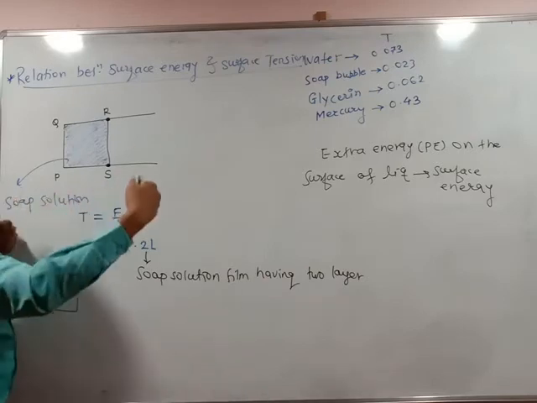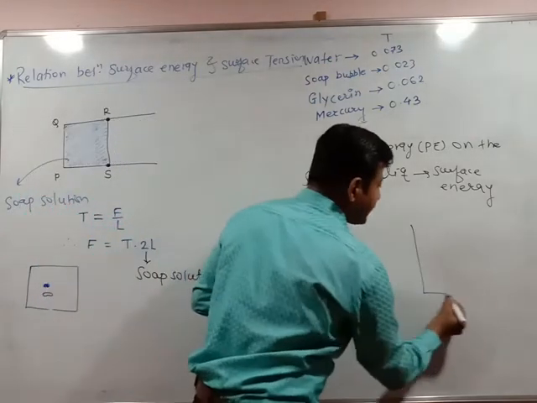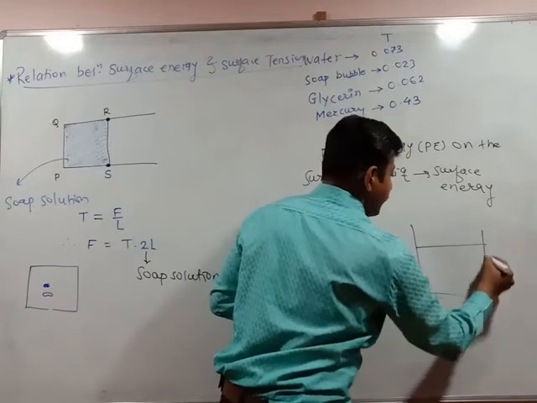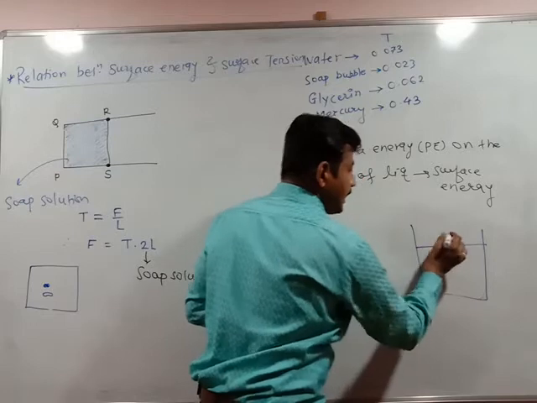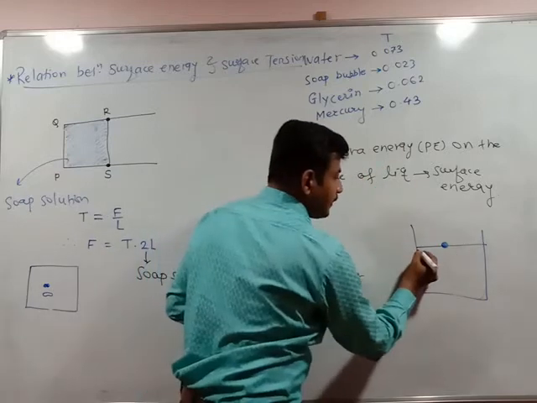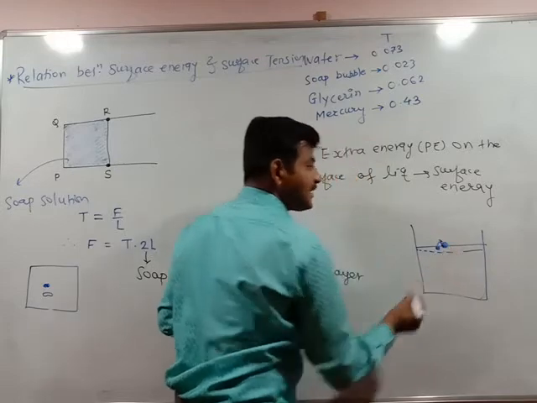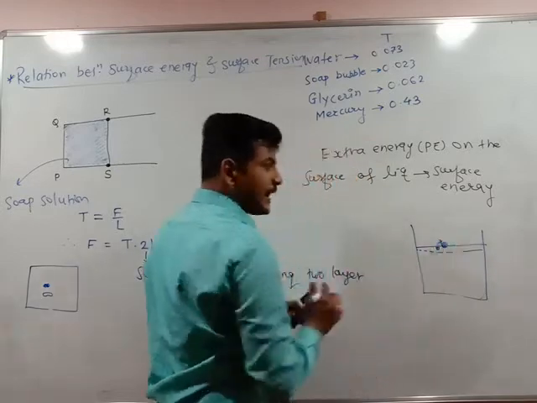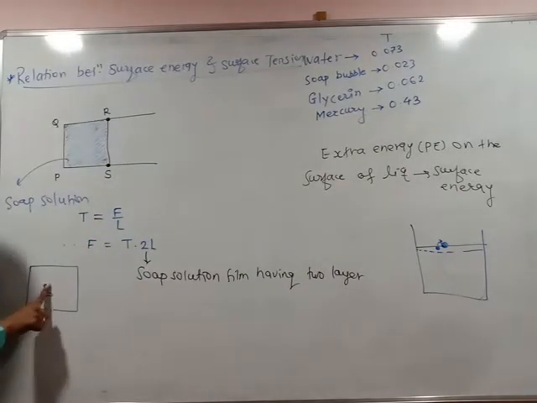How much surface have we stretched to get the potential energy? In yesterday's lecture we discussed that if a molecule is coming inside, the molecule present on the surface is trying to occupy its space, which means some work is done to displace the molecule. Here, the molecule is like this earlier.